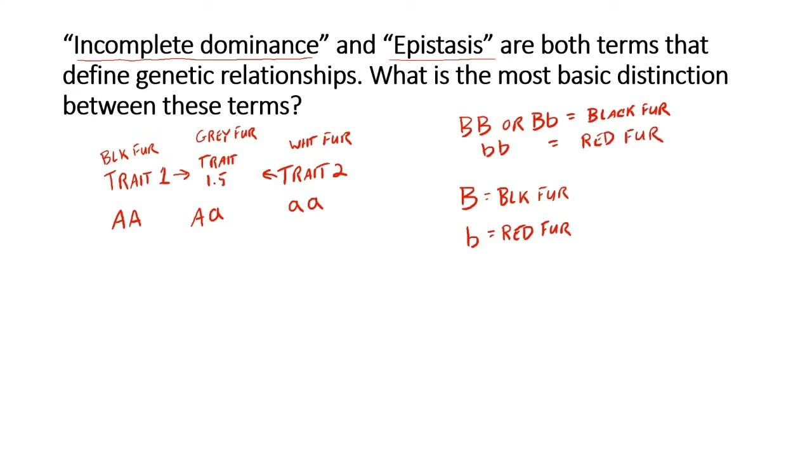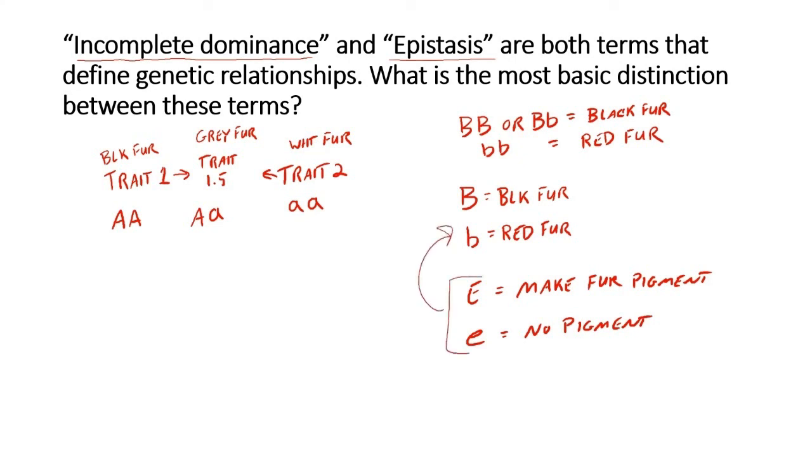The epistasis comes in when we add in a second gene. So we have the dominant E allele, which says make fur pigment, and the recessive e allele, which says no pigment. This set of alleles affects these sets of alleles.